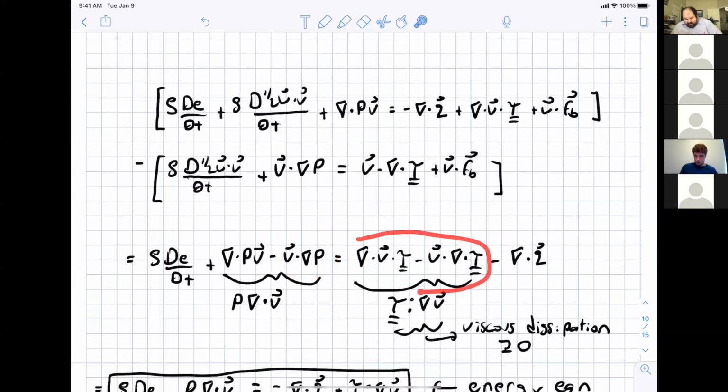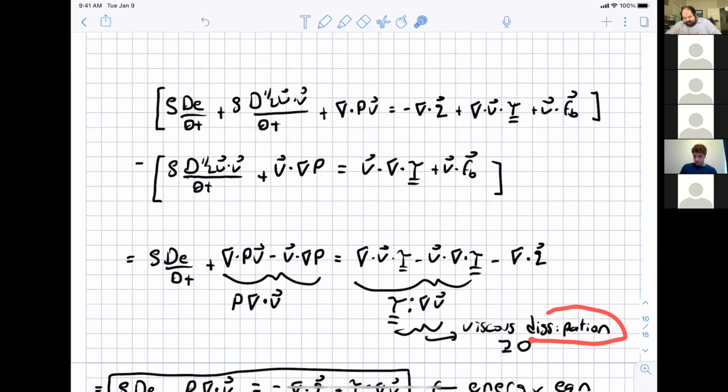I also have the divergence of the velocity dotted with the stress tensor, minus V dotted with the divergence of the stress tensor, and it turns out that is the stress tensor double dotted with the gradient of the velocity vector.